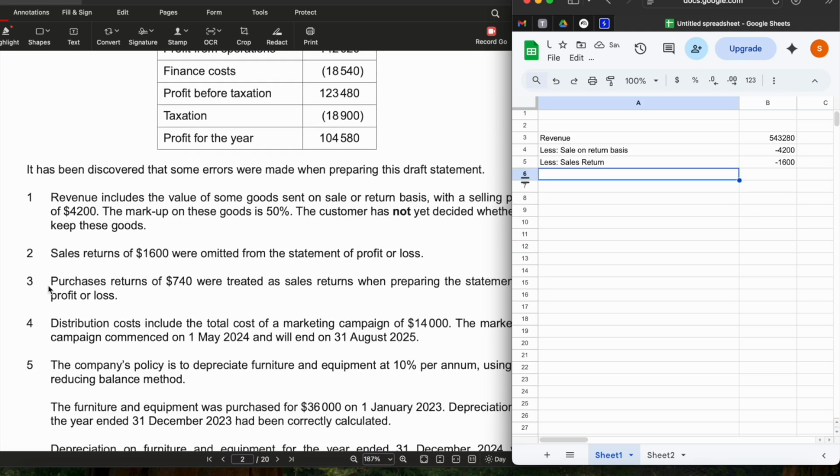And the last one is the purchase return of 740 were treated as sales return. So it was a purchase return, but we wrote it as a sales return, and after writing it, this is my revenue. But that amount was incorrect, so we'll add it back.